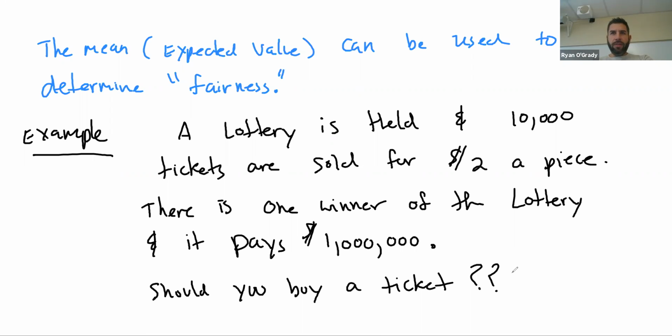And then once we have that, we can use the mean or the expected value, because what that's going to tell us is what we expect to happen. So let's think about how we might set this up. Here's one setup. I'm not saying it's the only way to do it.